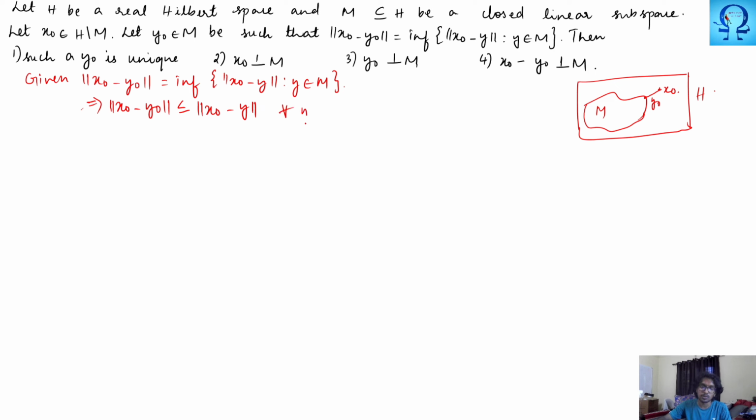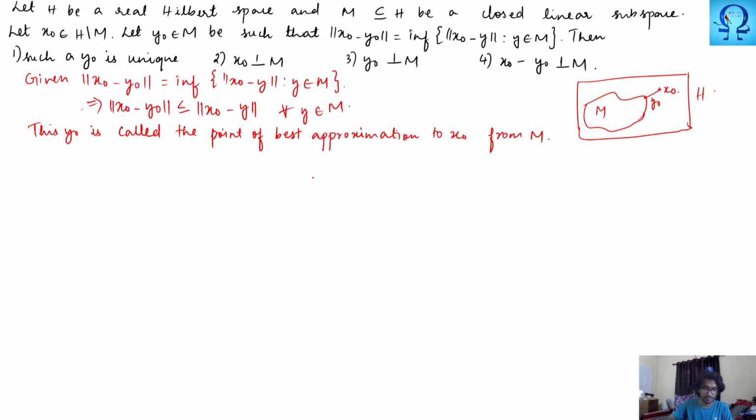Okay, this is true for all y in M. So this y0 is called the point of best approximation to x0 from M. Okay, so from this, let us state a result here.